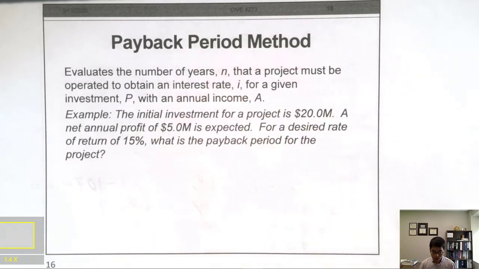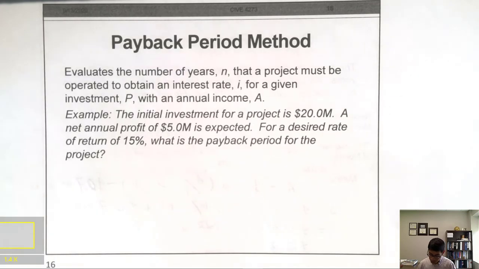So in this case, you can evaluate which one you would prefer. For me, I would rather use given A to find P, and try to convert everything back to present worth.